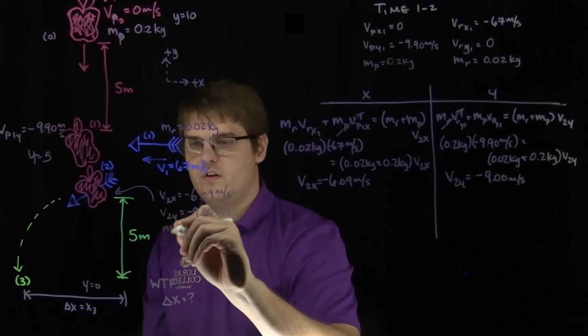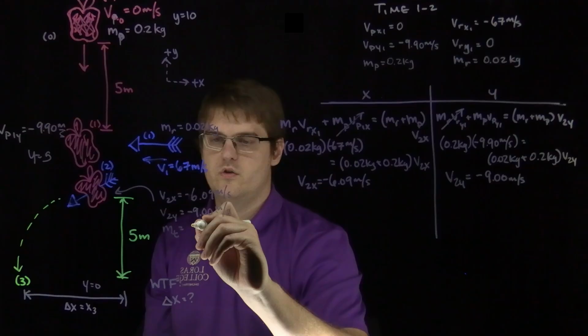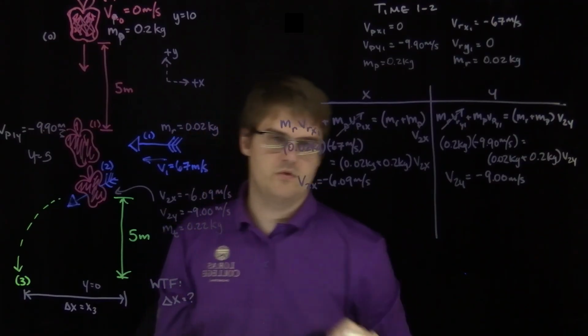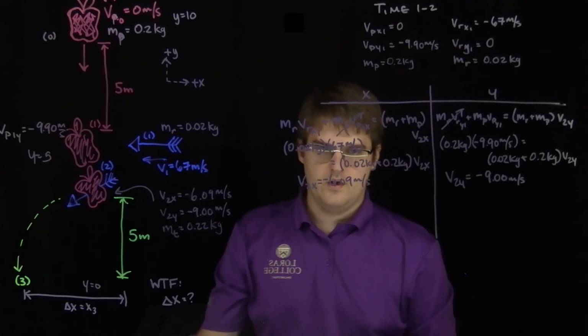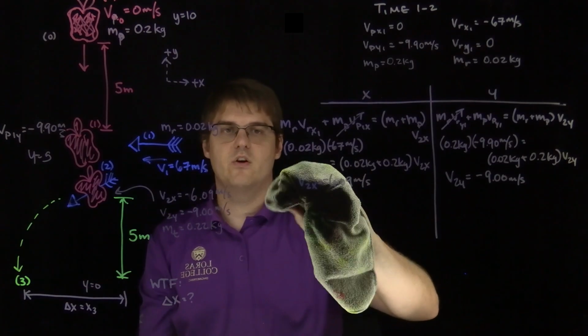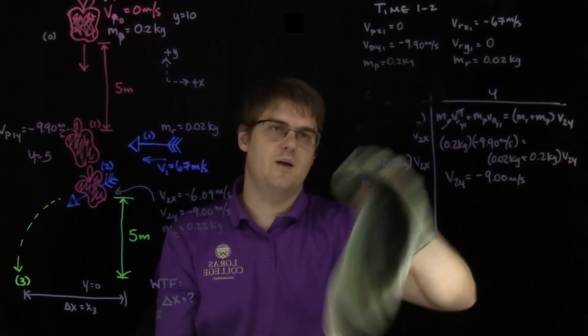And I can tell you my mass total is 0.02 plus 0.2, which is 0.22 kilograms. And I write all that down so that I can erase everything that I have here on the board. And I can start moving towards that final answer that I'm after.